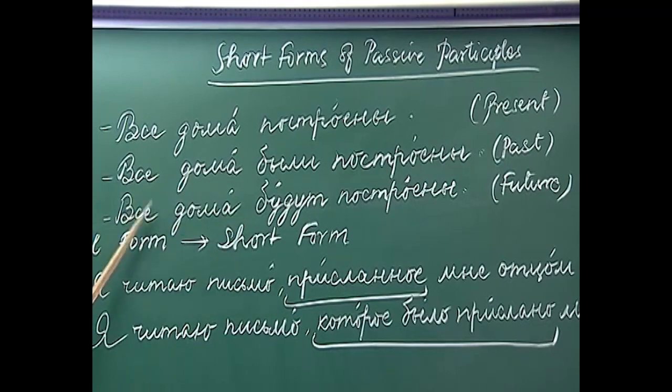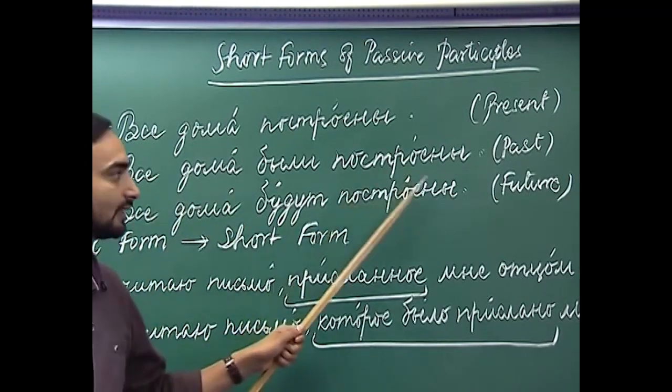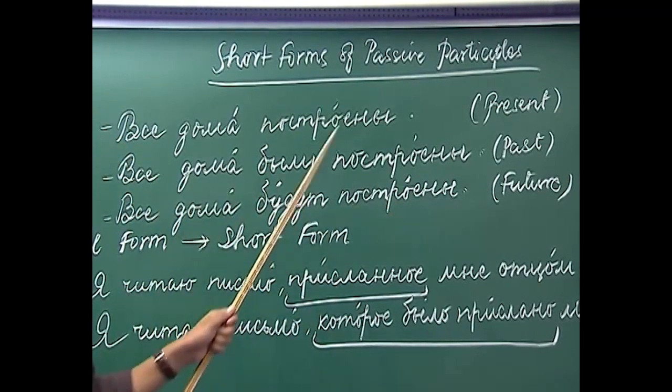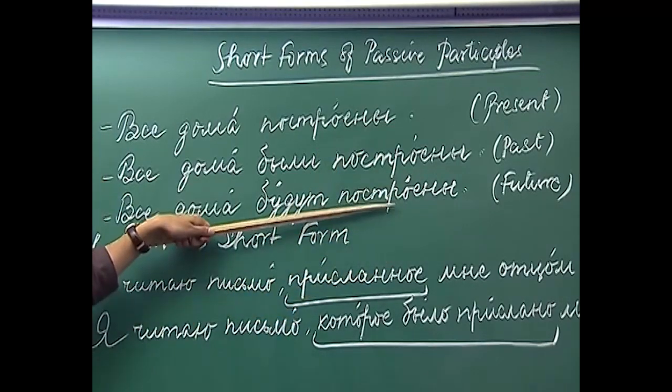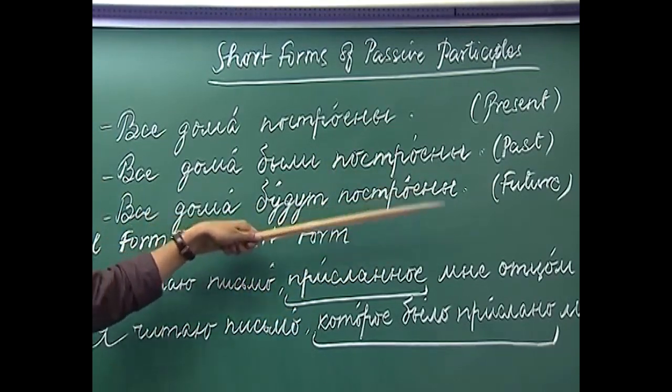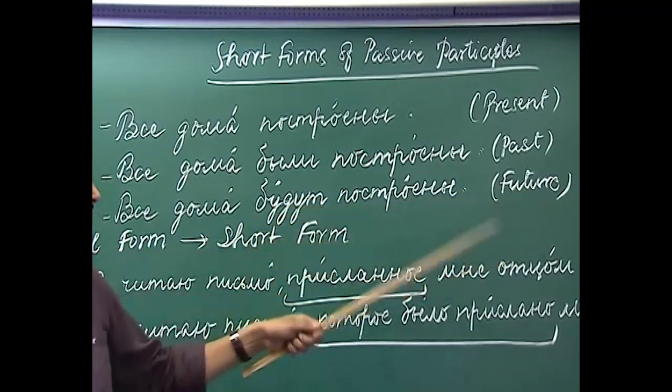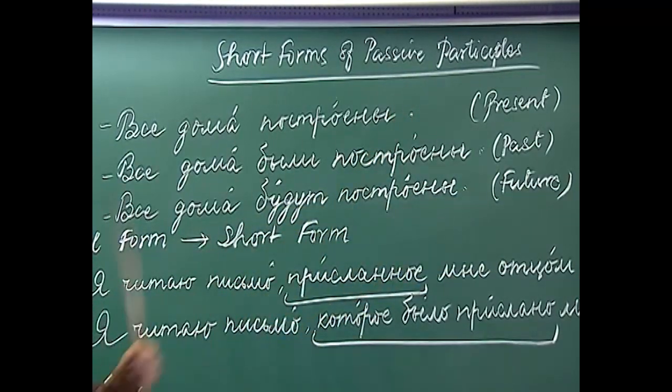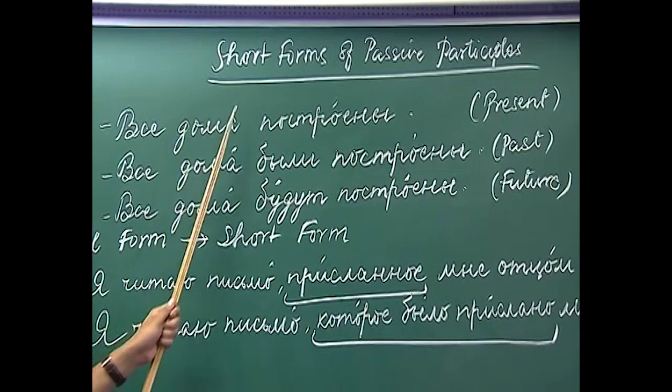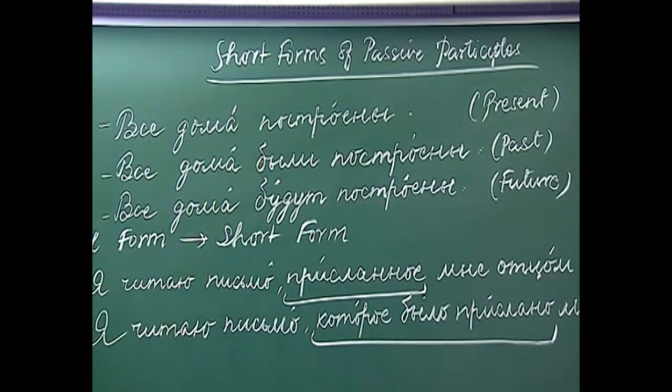And Все дома будут построены. So, all the houses will be constructed. So, here the result of an action is denoted in the future tense. So, this is one of the functions that the short forms of the passive participle perform.